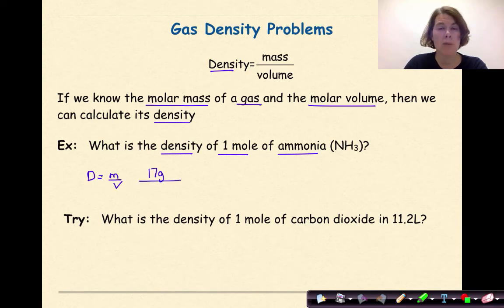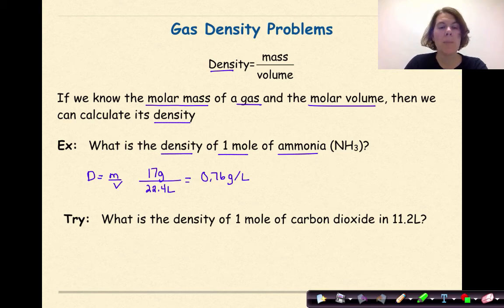And the volume of 1 mole is going to be 22.4 liters. So when we work this out, we're going to do 17 divided by 22.4 liters, and our answer should be 0.76 grams per liter. And that is the density of 1 mole of ammonia.